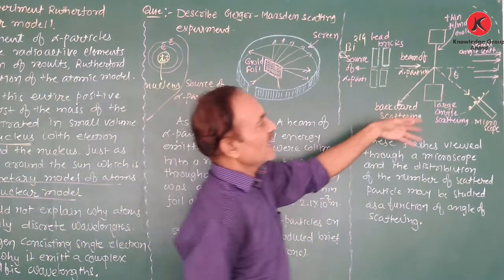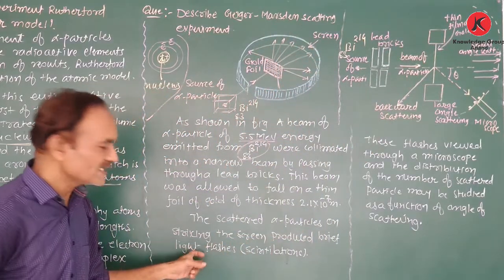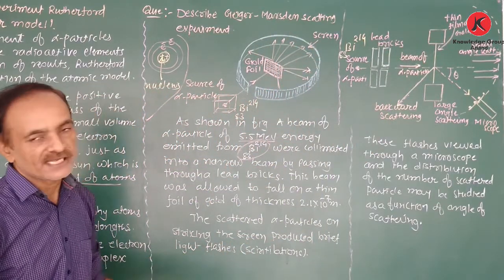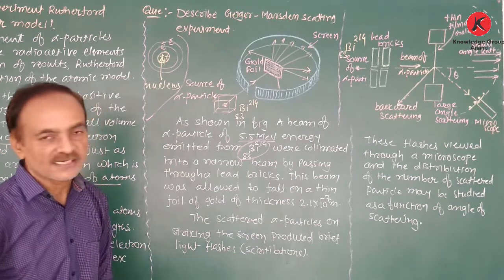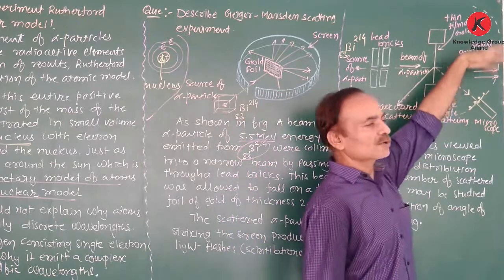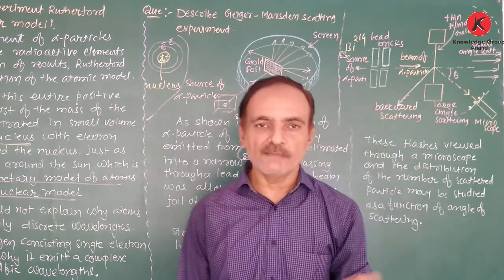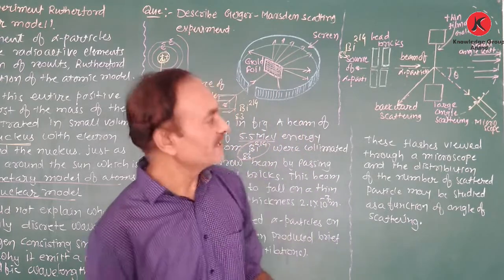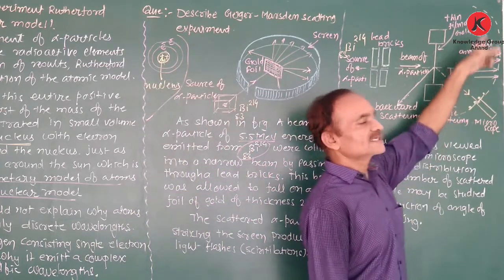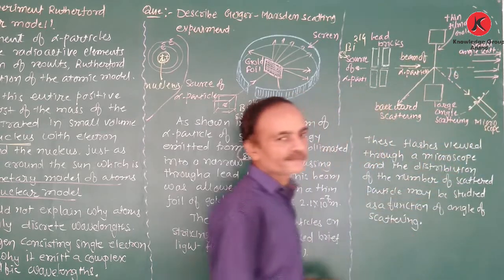These scattered alpha particles strike the screen and produce bright flashes, that means scintillation is produced. The microscope is arranged so that it is movable through 360 degrees, so it can collect the scattered alpha particles at different scattering angles.